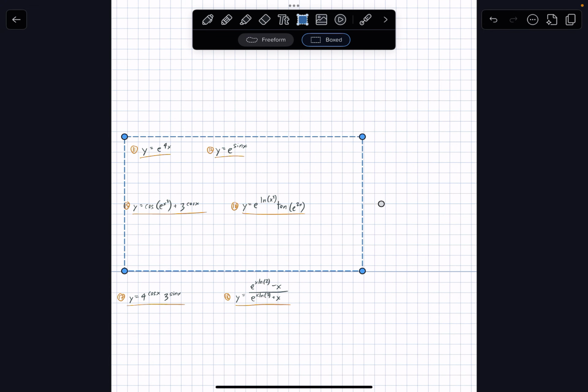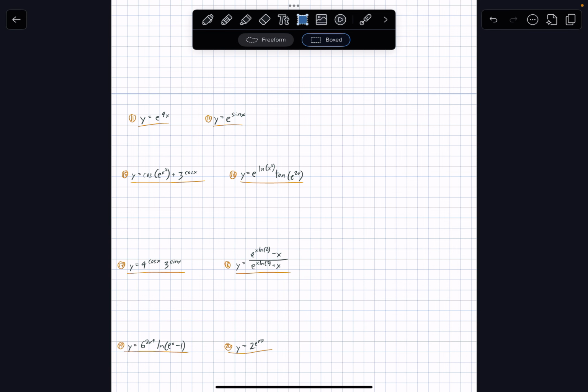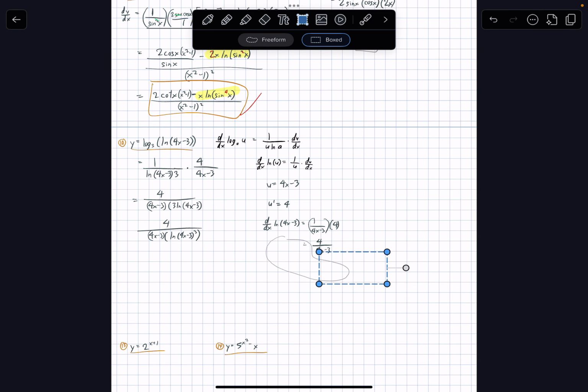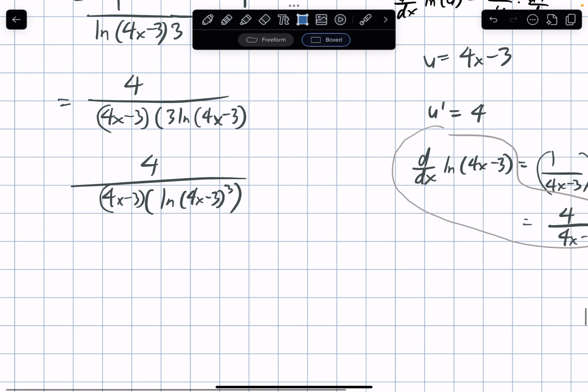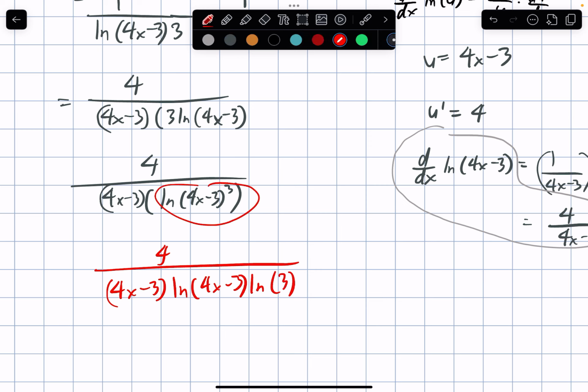This is getting really annoying. Because the answer key says it's 4 over 4x minus 3 ln 4x minus 3 ln 3. I'm not sure if that is the same thing as my answer, this one.